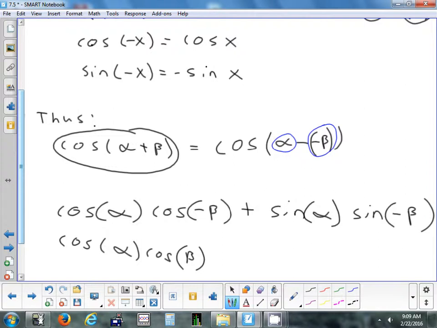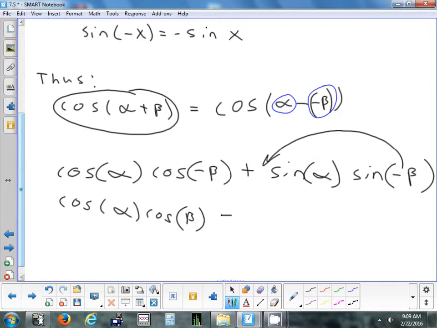Now, how about this negative with sine? Can I just get rid of this one? Matt, what do you think? Move it to the front. Right, we can't get rid of it, but what we can do is just move it to the front. So this plus is going to become a minus. And that's the cosine sum formula. The only difference is the plus changes to a minus.